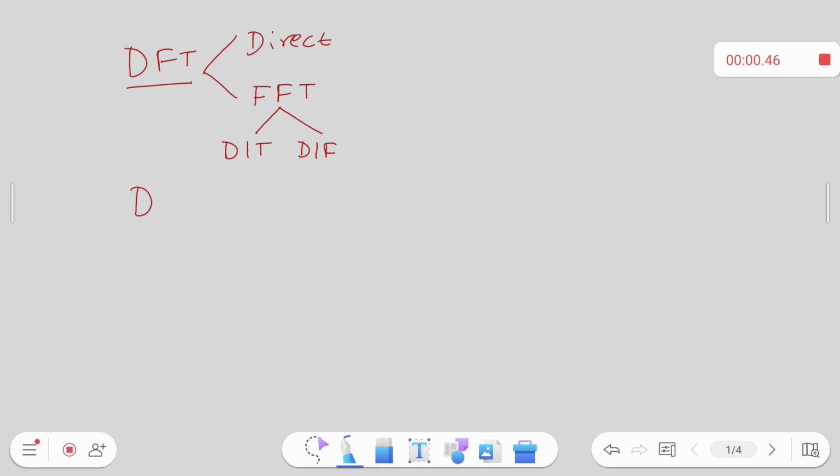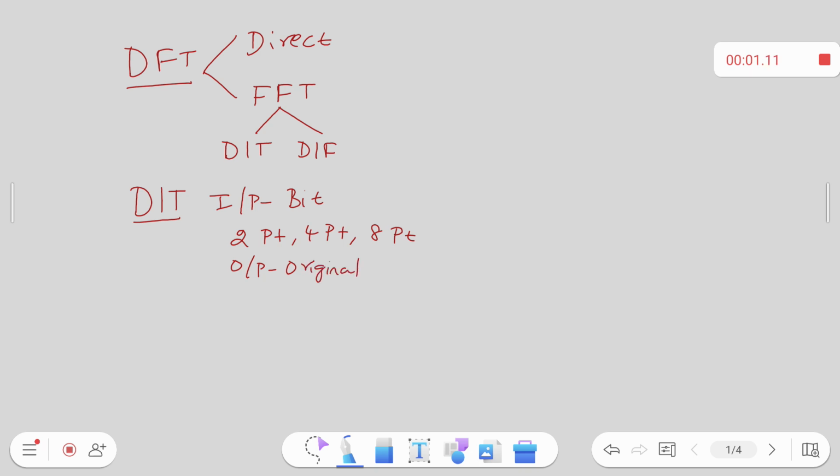Suppose we are calculating using the DIT algorithm, your input should be in bit reversal order, and we have to start with 2-point DFT first, then 4-point computation is calculated, and finally 8-point is calculated. The output will be in original order, so you need not do anything.